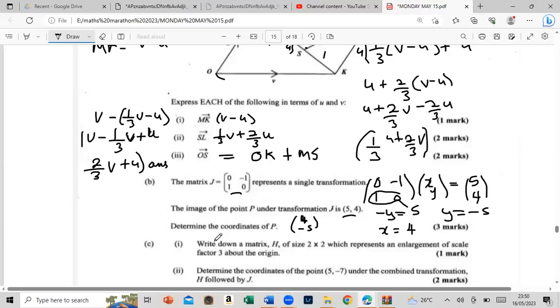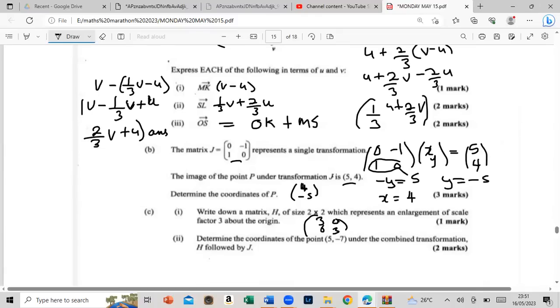So that means it will be 3, 0, 0, 3. It's going to enlarge by 3 about the origin. Right, let's see what it's saying now.